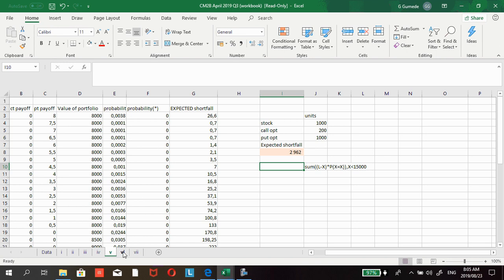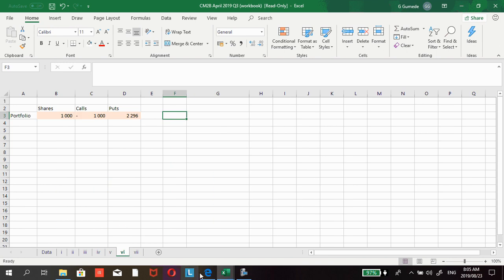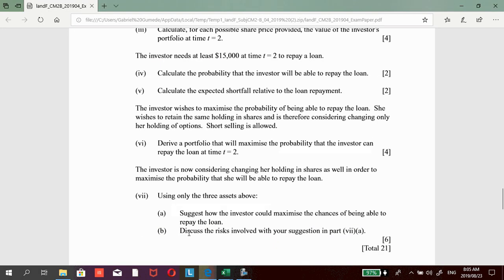Okay, so let us look at part VI of the question. They're saying the investor wishes to maximize the probability of being able to repay the loan. She wishes to retain the same holding in shares and is therefore considering changing only her holdings of options.